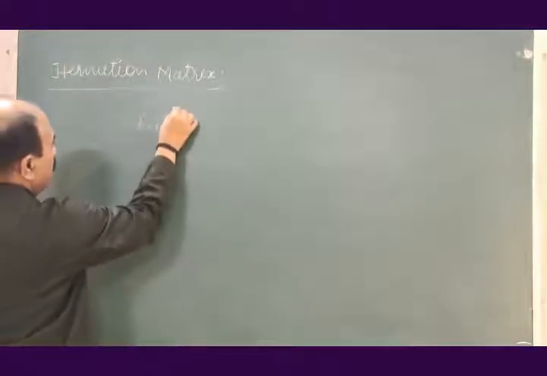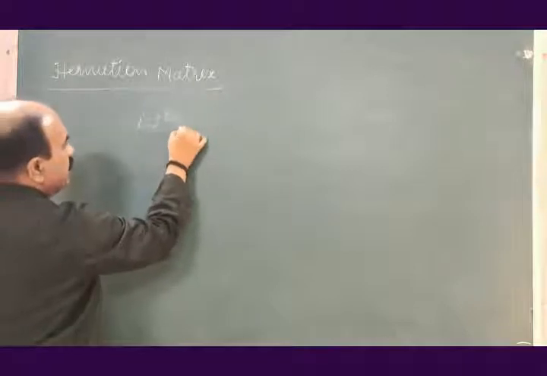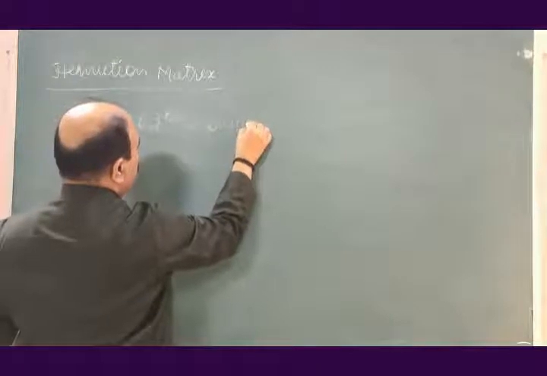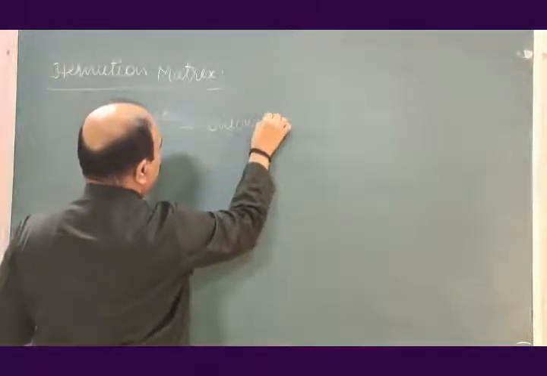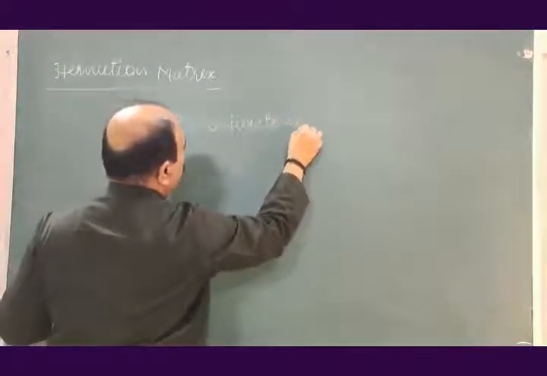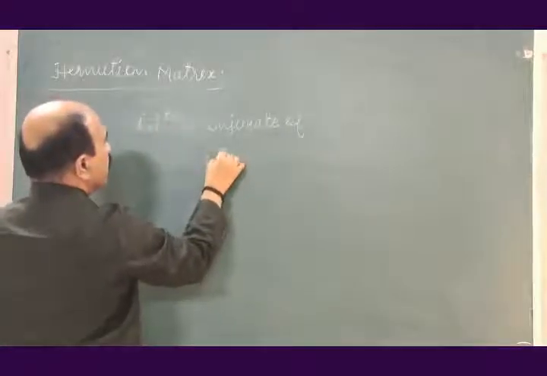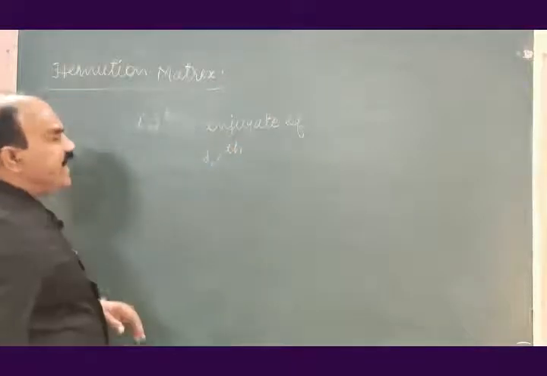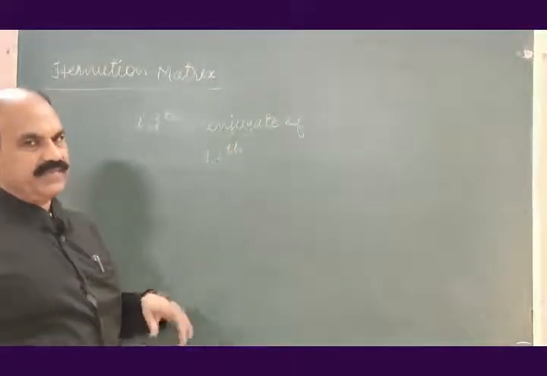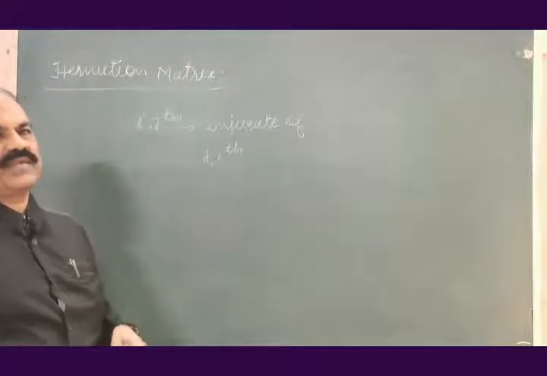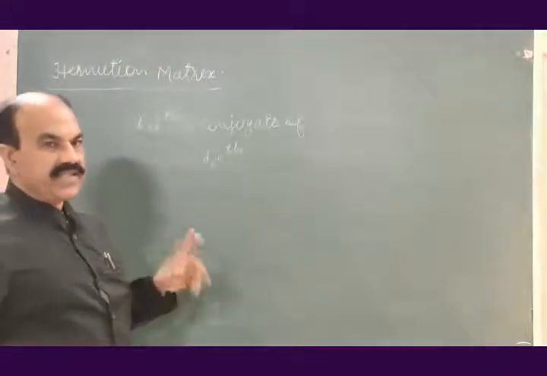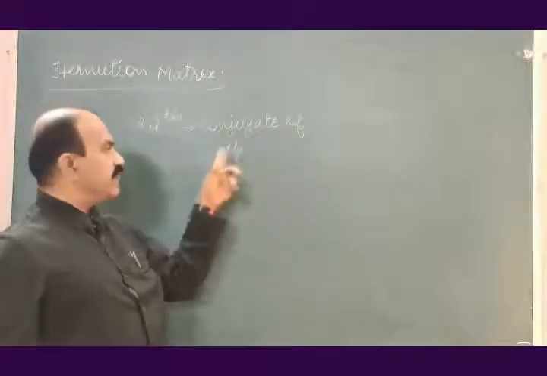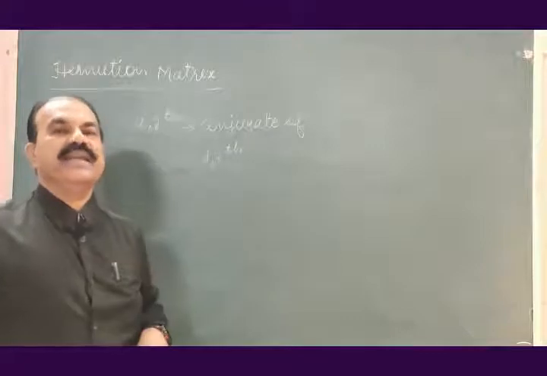Every ith element is conjugate of every jth element. The given matrix should be such that its every ith element should be conjugate of every jth element.